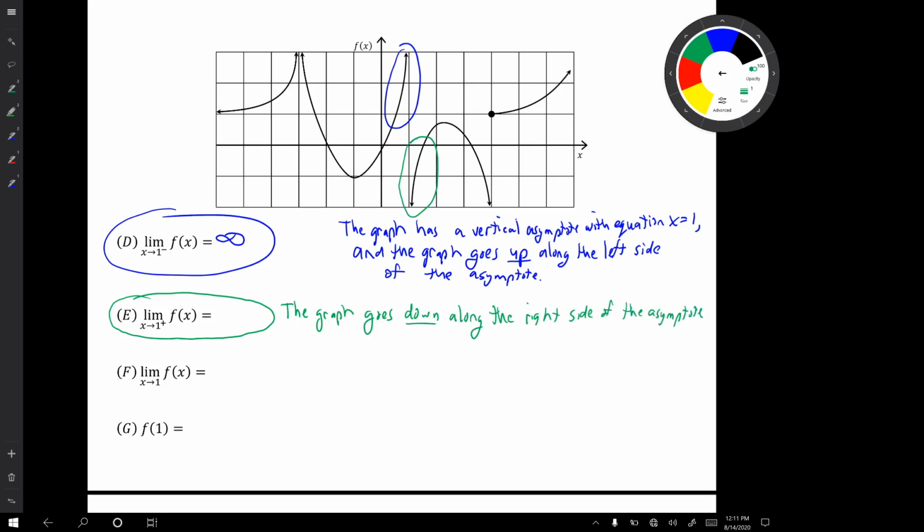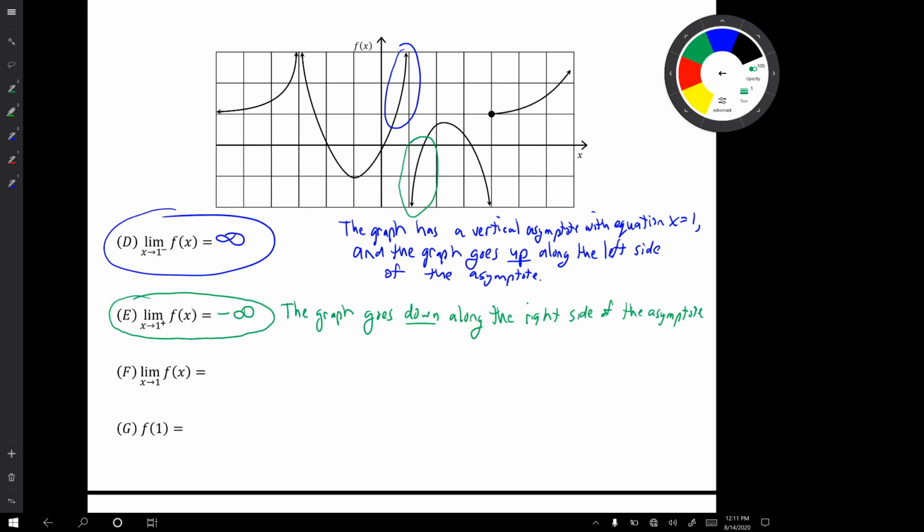Now remember what terminology we use for that. We say that the limit is negative infinity. We write the negative infinity symbol. So the infinity in this symbol refers to the graph going up or down.